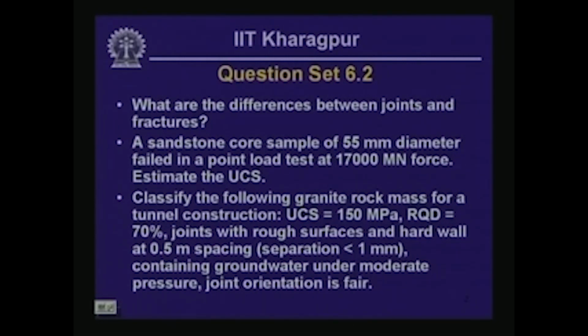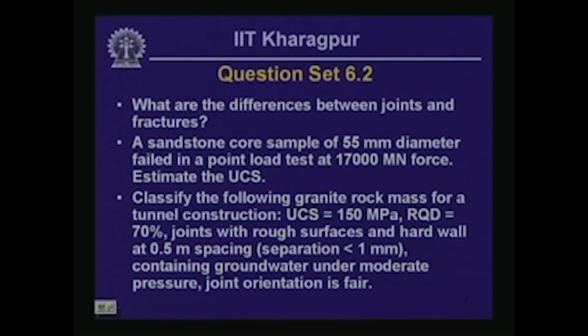Joints, for instance, could arise because of the differential cooling of the original rock forming material, semi-solid magma, and because of that there might have been cracking within the body of the semi-solid object.